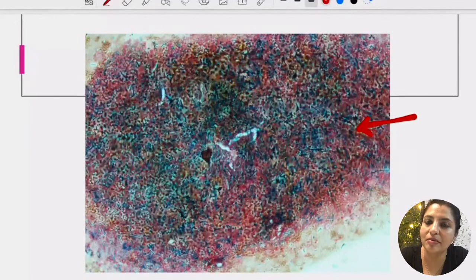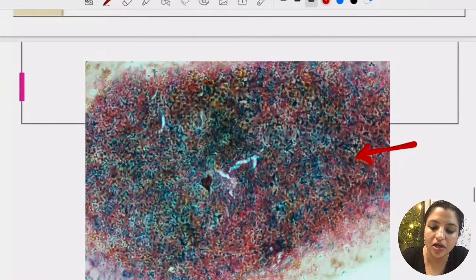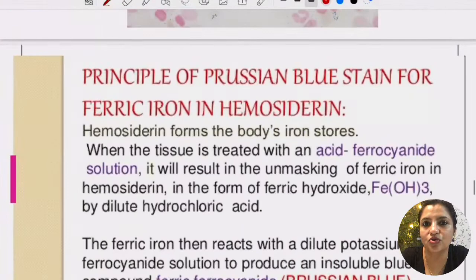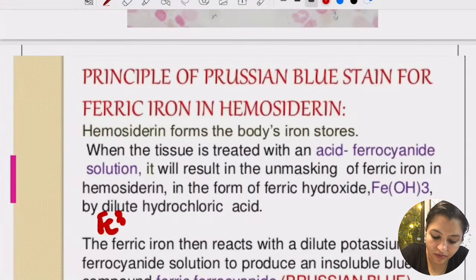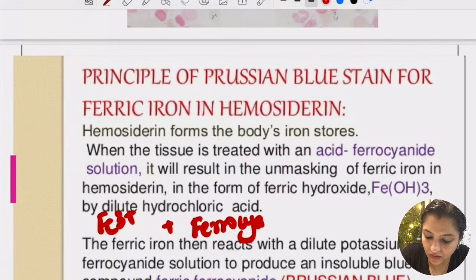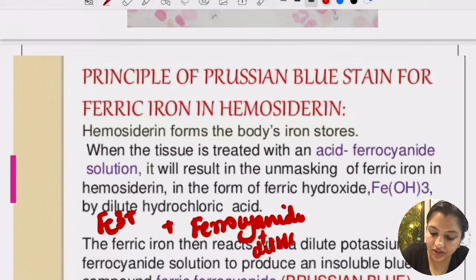Once you're clear with this, remember the principle of Pearl stain, guys. So what is the principle of Pearl stain? Usually your hemosiderin contains iron in the ferric form. You put it in dilute hydrochloric acid and you use ferrocyanide. As soon as the dilute hydrochloric acid reacts with the hemosiderin, the ferric ion is released.